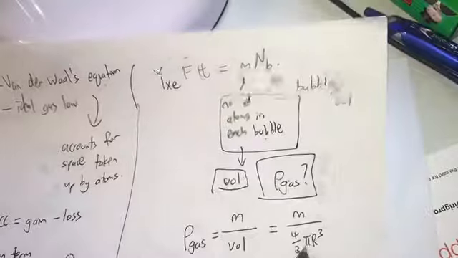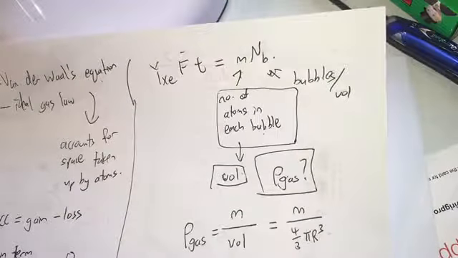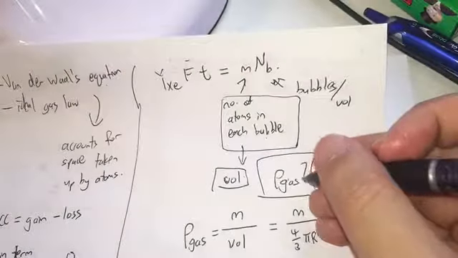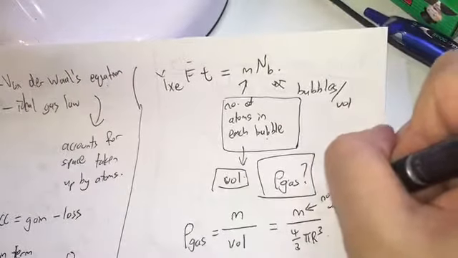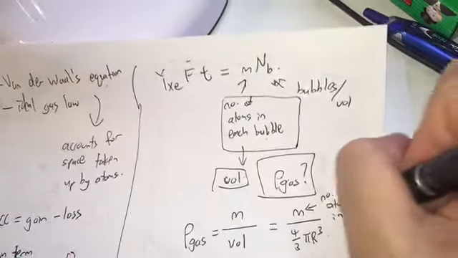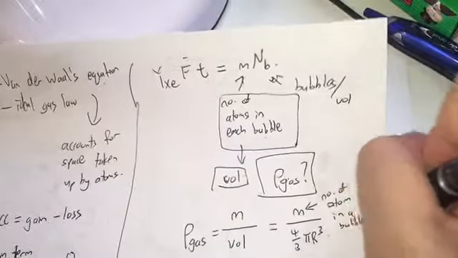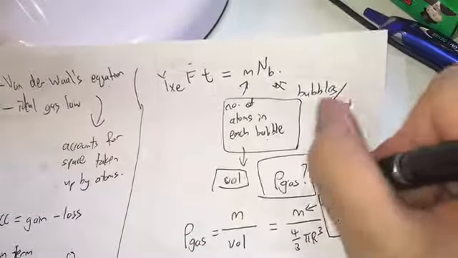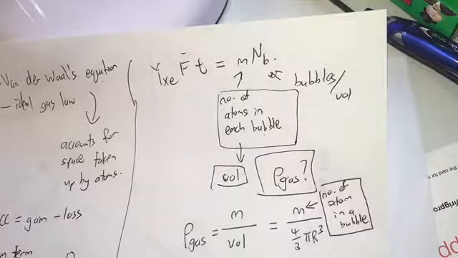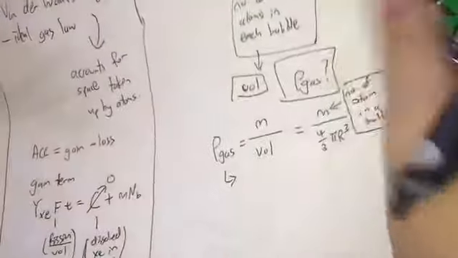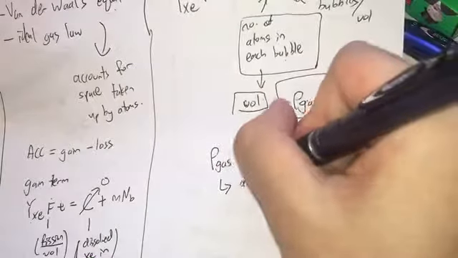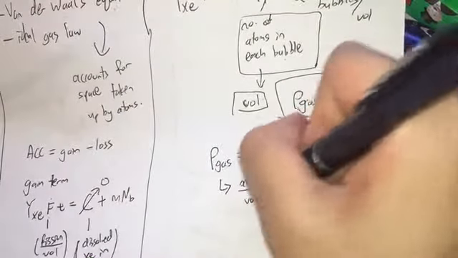So this is the volume of a spherical bubble, and this is the number of atoms in a bubble. And this will be atoms per volume.